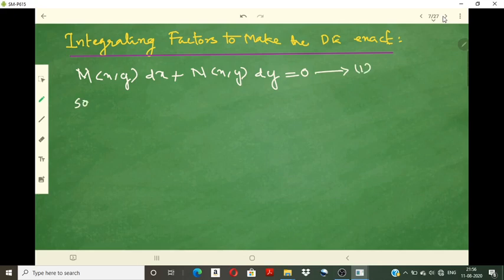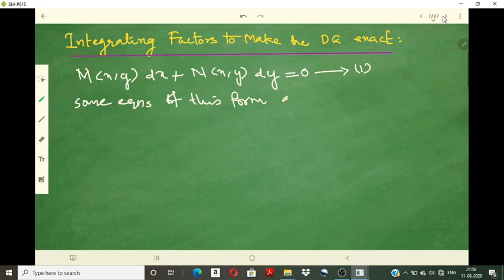That means some equations of this form may not be exact. We discussed one problem of this type in the previous lecture.